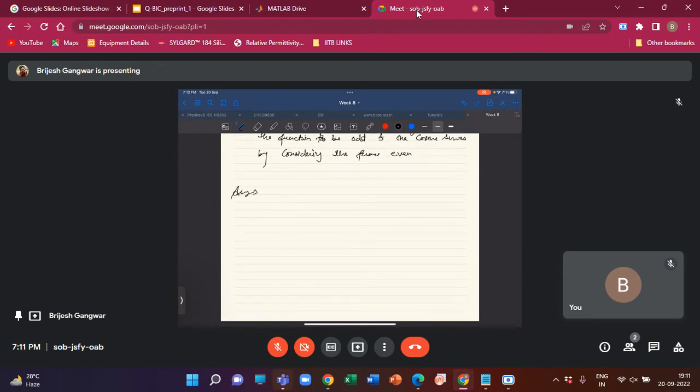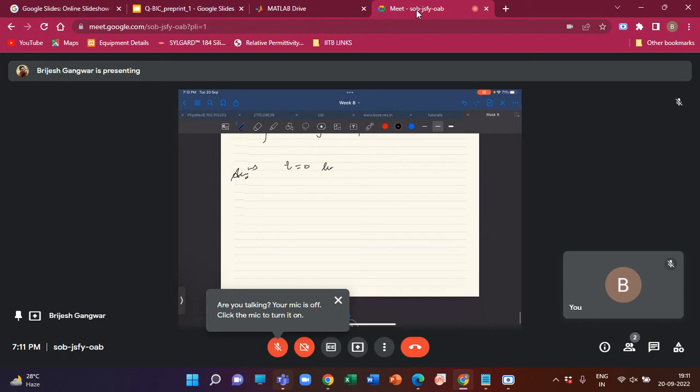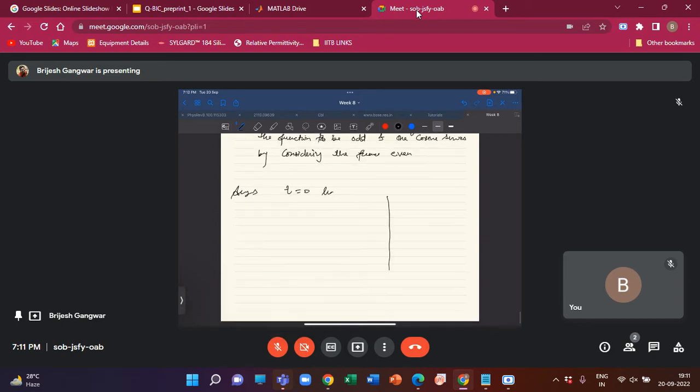If we select some location at t equal to 0, then this will be our function.